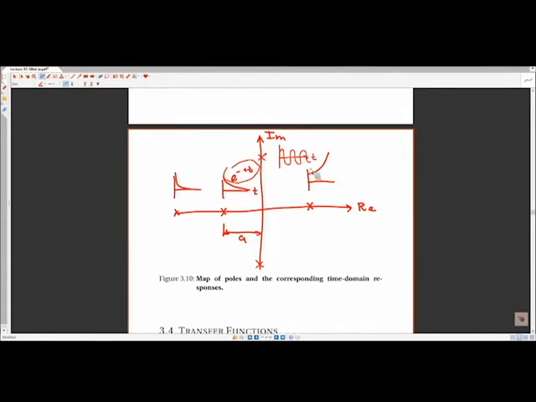Okay. All right. So now, before we said that the real axis determines how fast the solution converges. The imaginary axis actually determines how fast it oscillates.